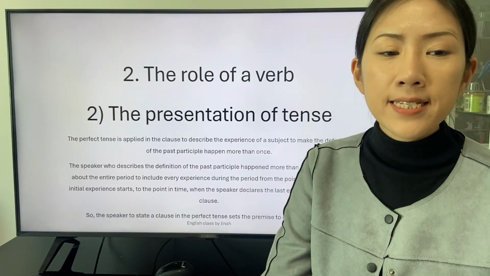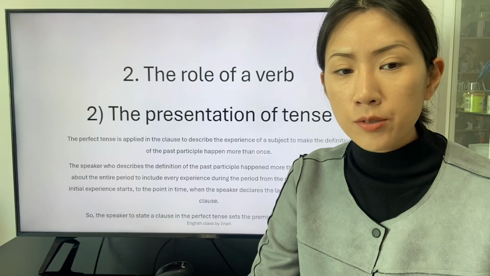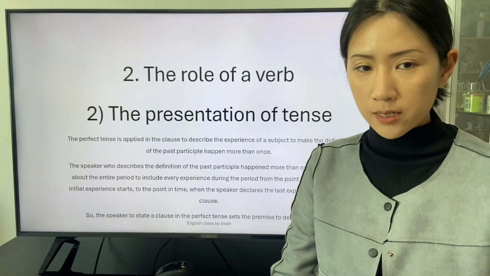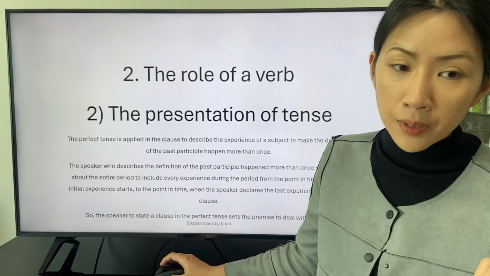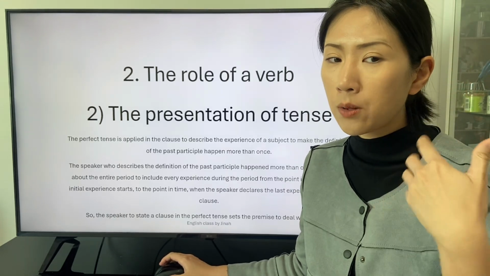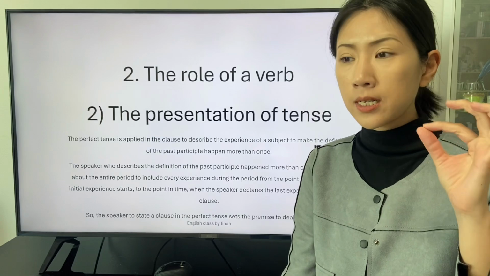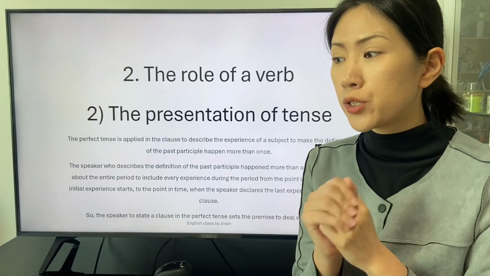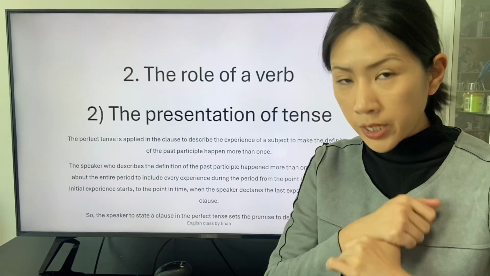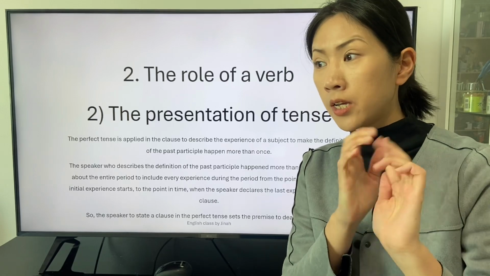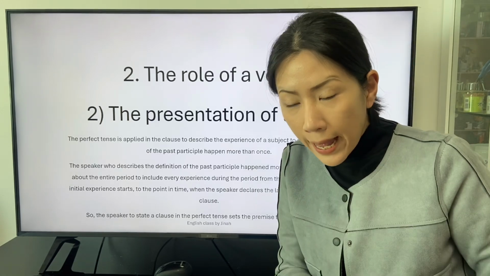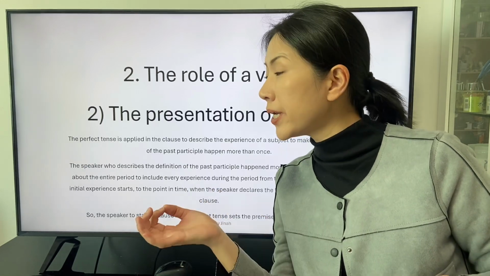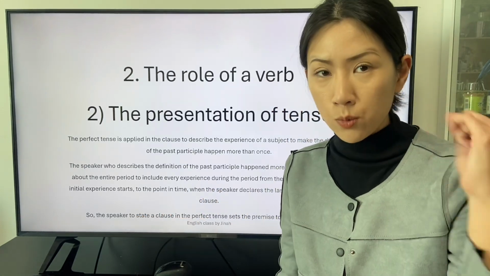The perfect tense is applied in the clause to describe the experience of a subject, to make the definition of the past participle happen more than once. The point is that the experience refers to an experience, a condition, or an action happened or happening more than once.